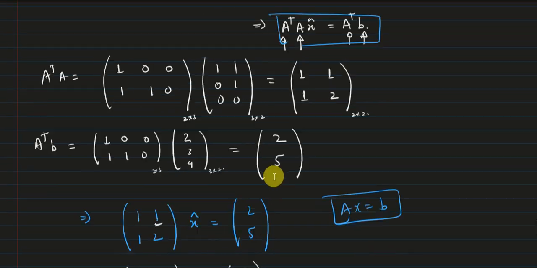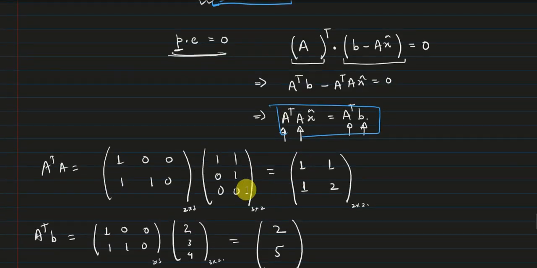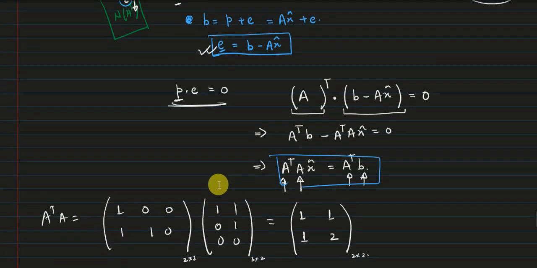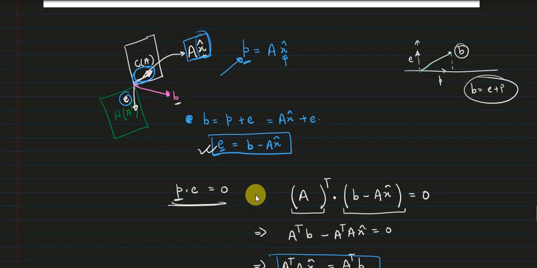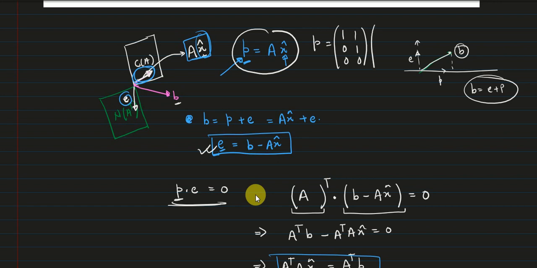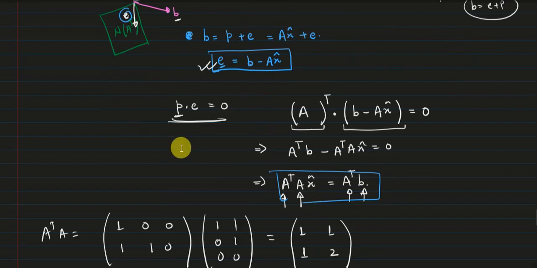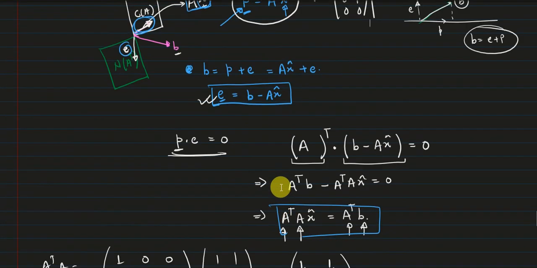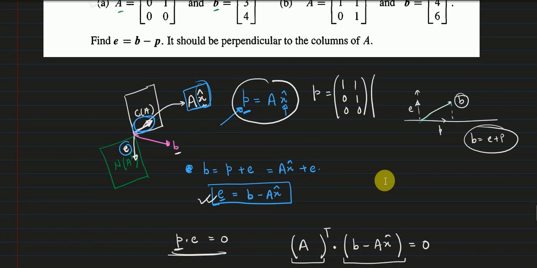Now since we have got this x hat, we can find this projection, right? So P is equals to A times x hat. So what is A? 1 0 0 and 1 1 0, and x hat what we got is minus 1 and 3.